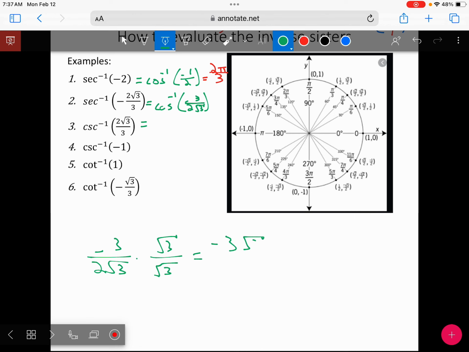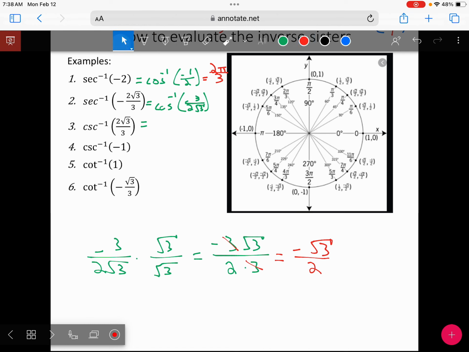And we're going to get -3√3 all over 2 times 3. Our 3's are going to cancel, and we're going to be left with -√3/2. Now, is that something we're used to seeing on our unit circle?